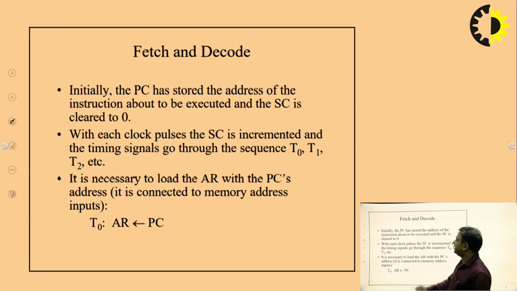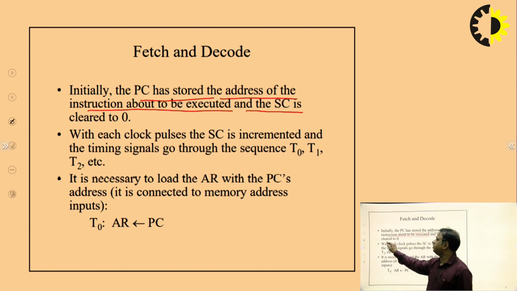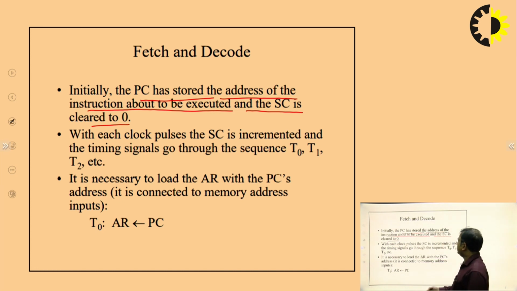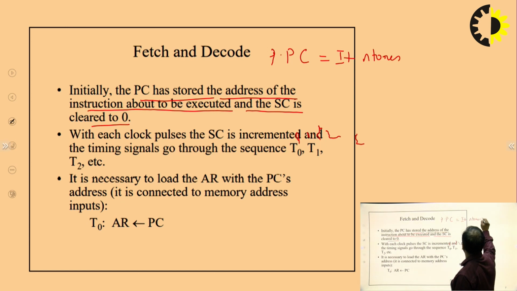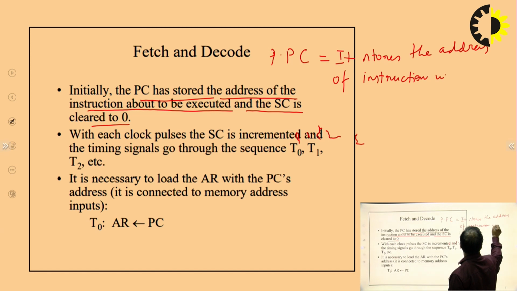First is the fetch. Initially the program counter has stored the address of the instruction about to be executed, and the sequence counter is clear to 0. The objective of the program counter is that it stores the address of the instruction which is to be executed.